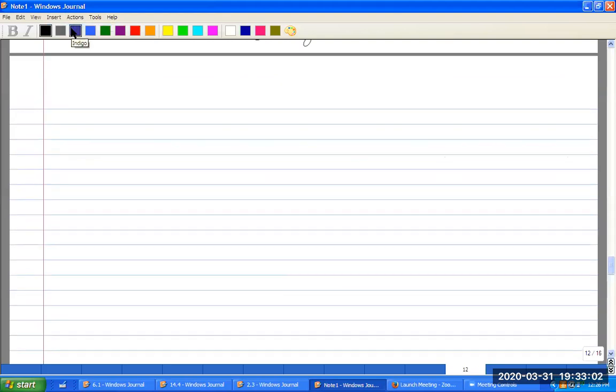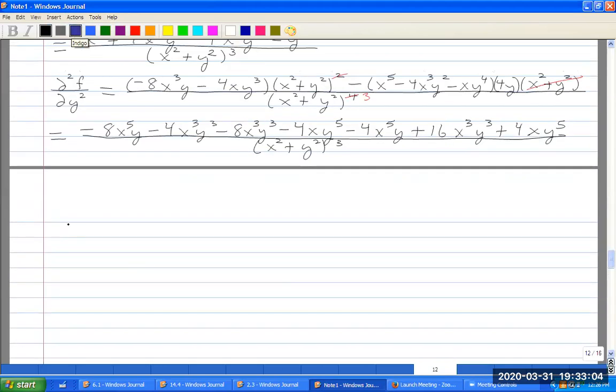So this is equal to, that's a 5 minus 1. That's negative 8x^5y minus 4x^5y, negative 12x^4y.